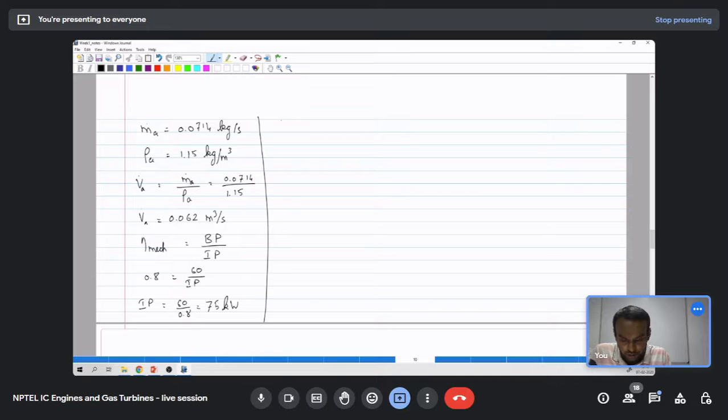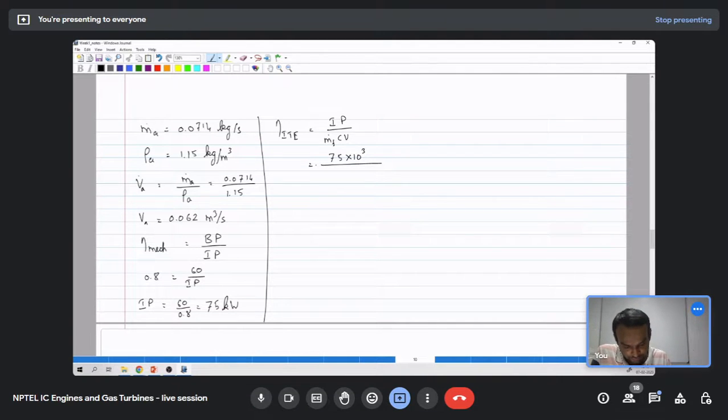Now to calculate indicated thermal efficiency, we have indicated power by fuel power, which is m dot f into CV. Indicated power is 75, in terms of SI units, 75 into 10 power 3.